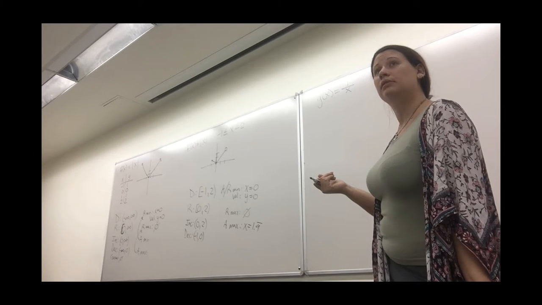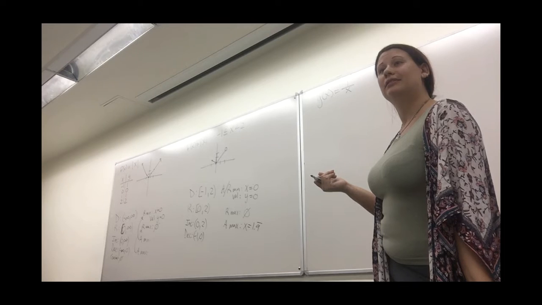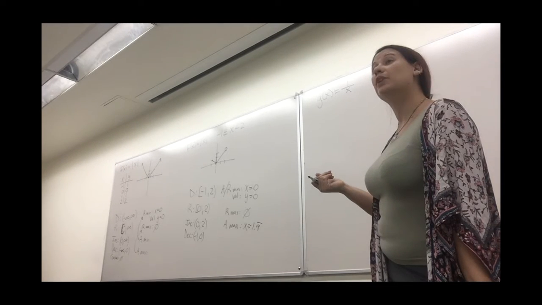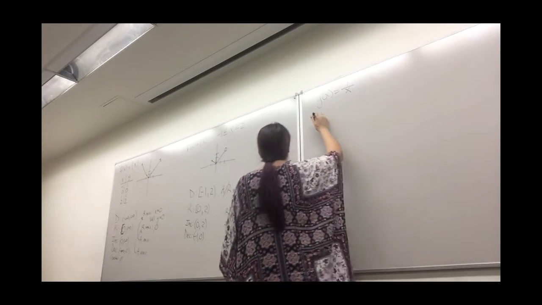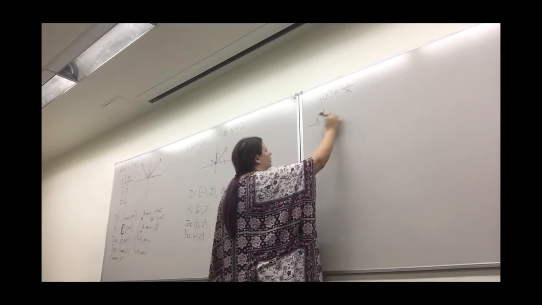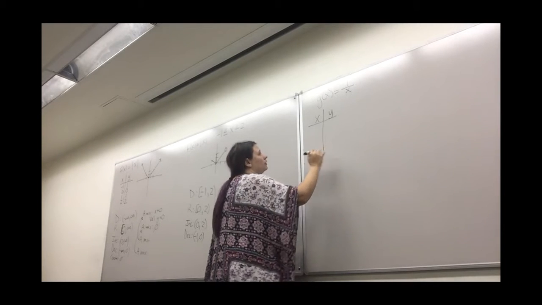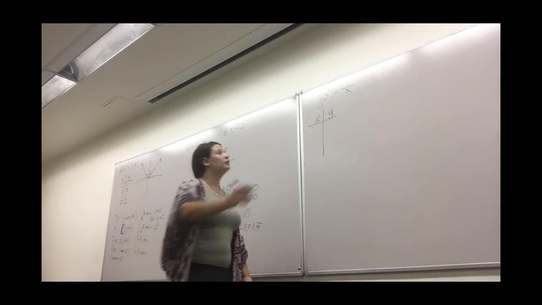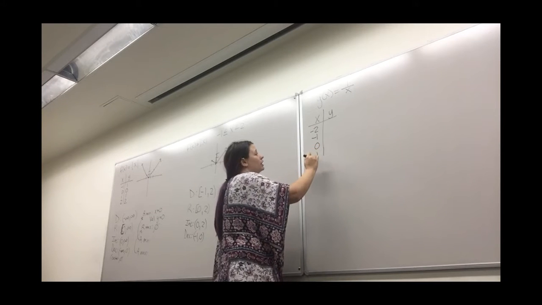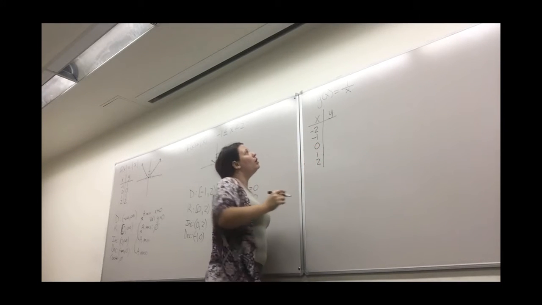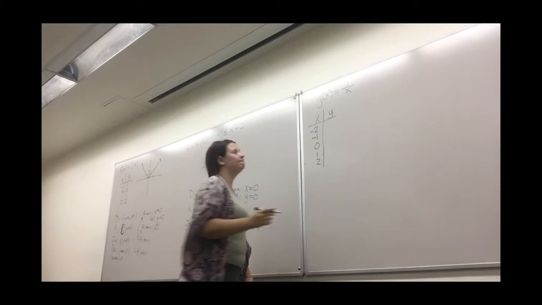Ideas? A table, yeah. And what values do we choose? -2, -1, 0, 1, and 2. Okay, we'll be consistent. What about -2? What do we get?